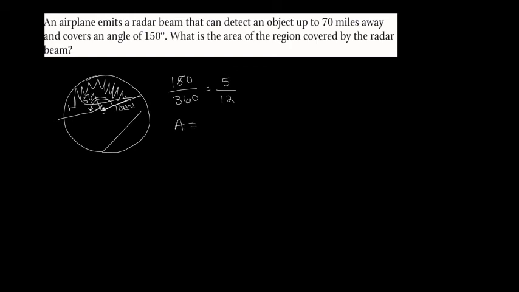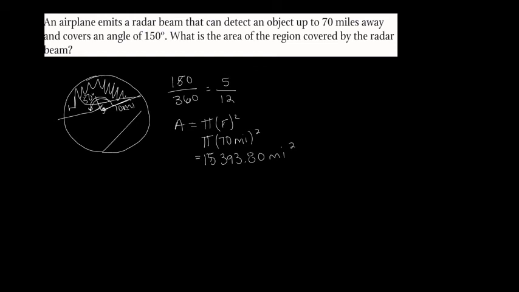So I'm going to find my area, again, with pi r squared. In this case, my radius is 70 miles. So I'm going to do pi times 70 squared, and I end up with an area of the entire circle, if it went in a whole circle, of 15,393.80 square miles.